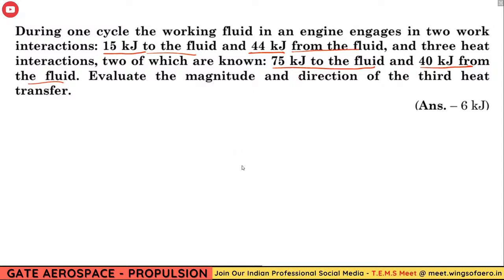Evaluate the magnitude and direction of the third heat transfer. That means we have a random system. In the system there are two work interactions and three heat transfers. Now from here you have to analyze what the third heat transfer is.